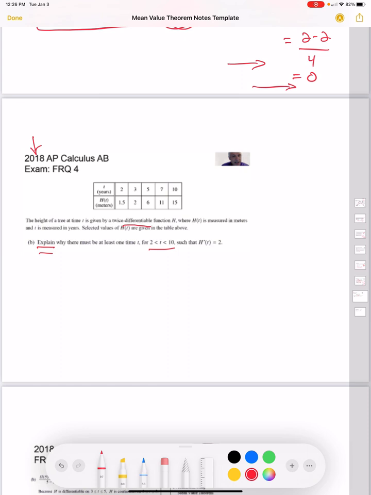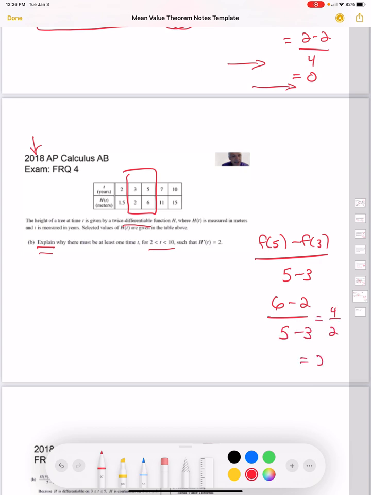Well, if we look at this time slot from 3 to 5, if I do f of 5 minus f of 3 all over 5 minus 3, I get 6 minus 2 over 5 minus 3. That's 4 over 2, and that's equal to 2.